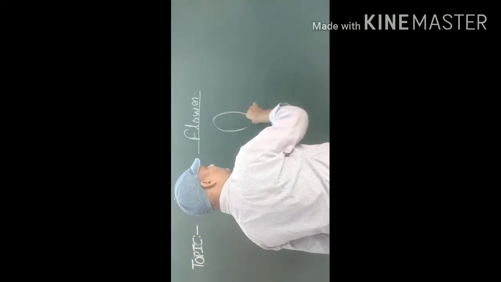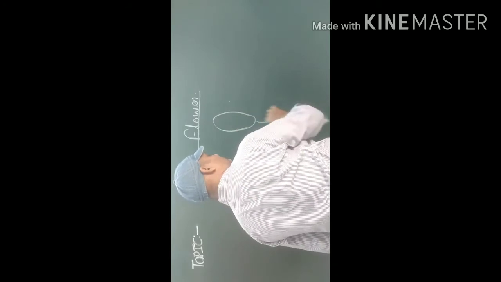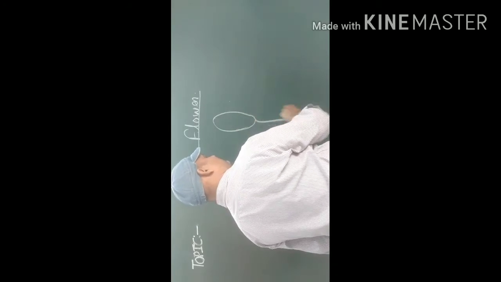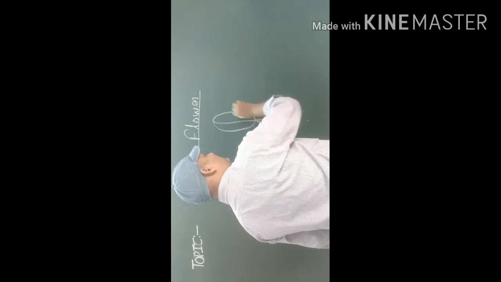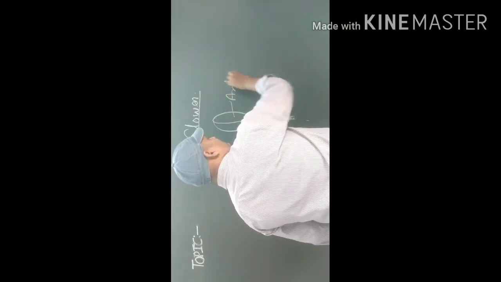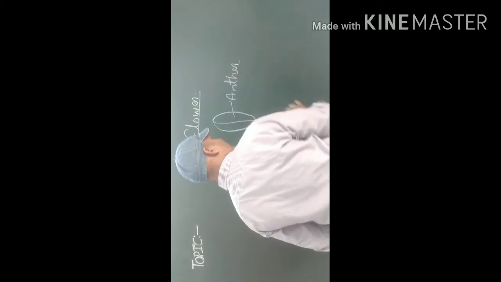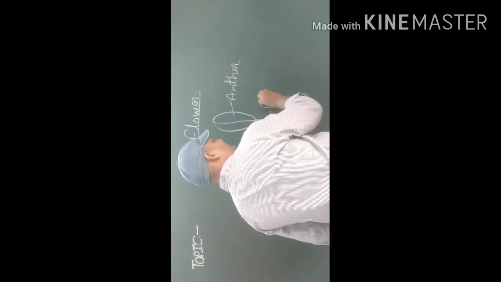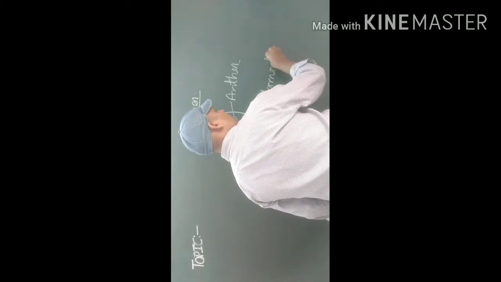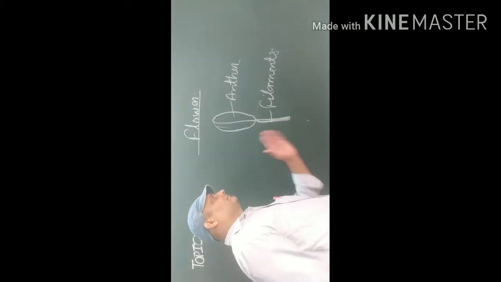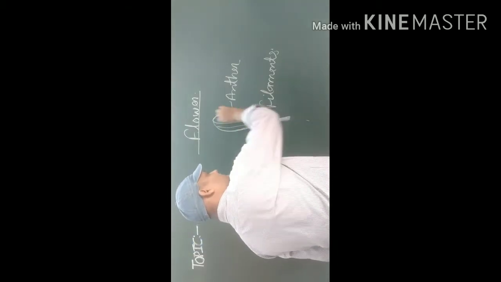This is the anther and this is the filament. In the anther, pollen grains are formed.